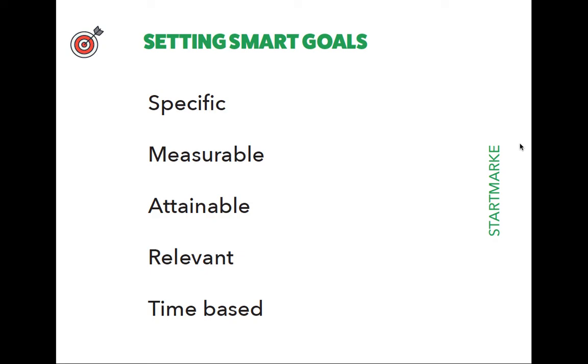It's not going to happen. So is it an attainable goal? Is it relevant? Is it time-based? So you want to ask yourself these questions and set SMART goals with definitive next steps and strategies. That way, you're being more targeted with your goals and you're saving time.